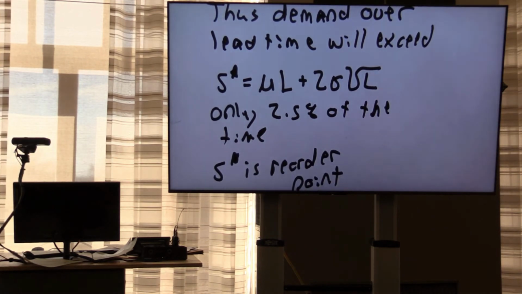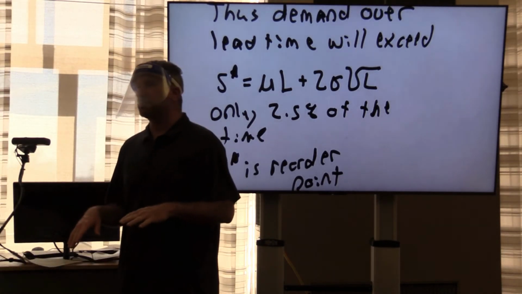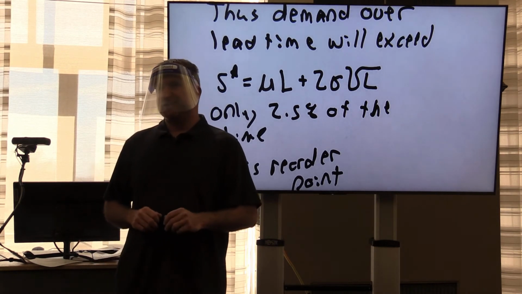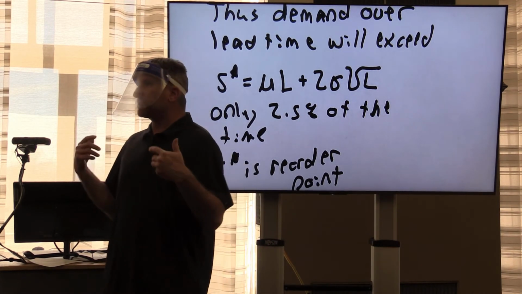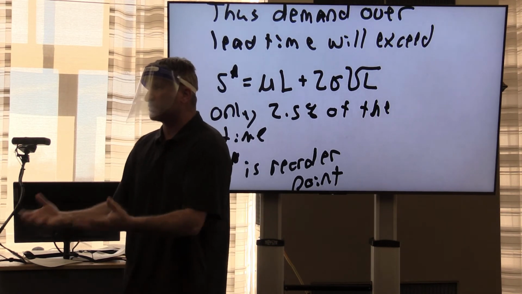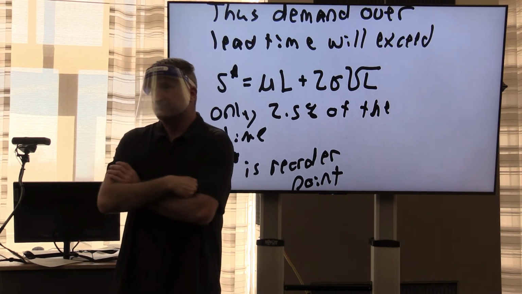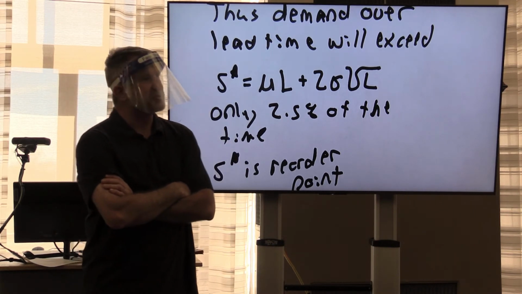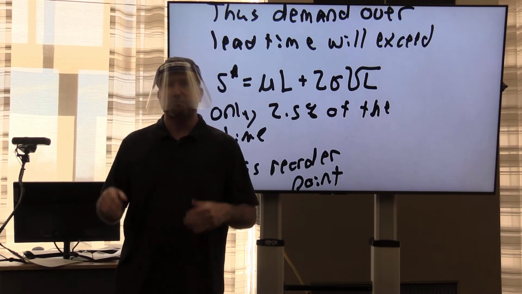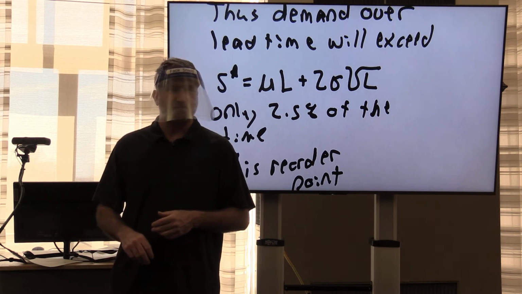So we've got this rule. We want to say, how low do inventories need to get before we need to reorder? And in this class, when we're doing these problems, that's just how we're going to answer it: we're always going to reorder when our inventory gets so low that there's only a 2.5% chance we'll run out before the new order comes in. That's the rule we're going to use.